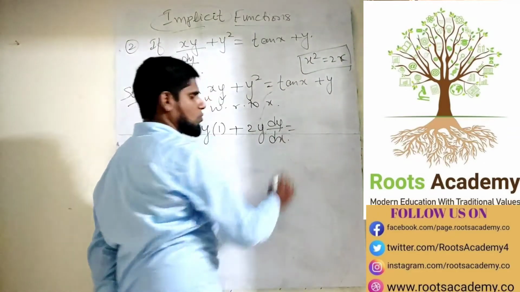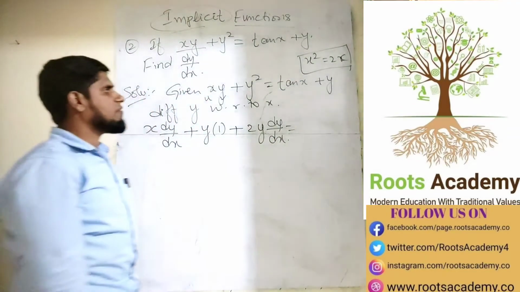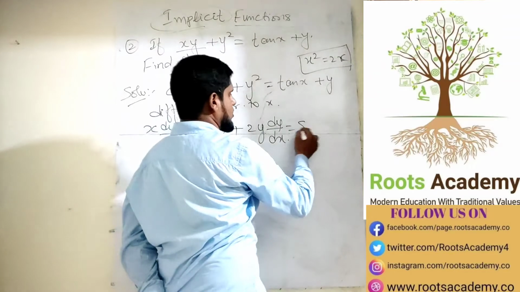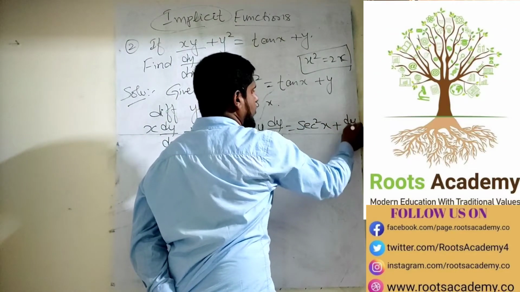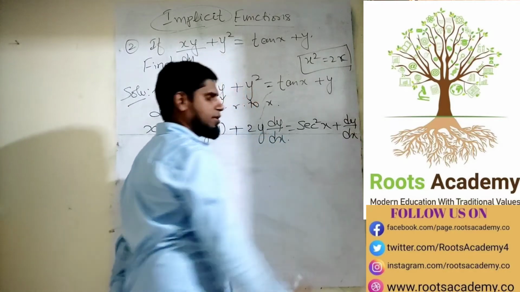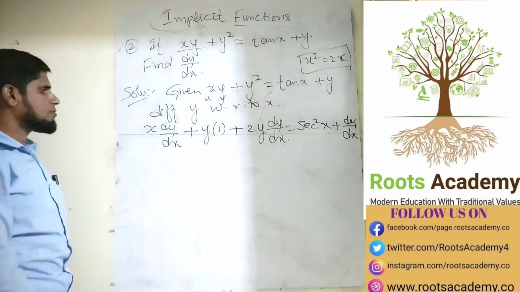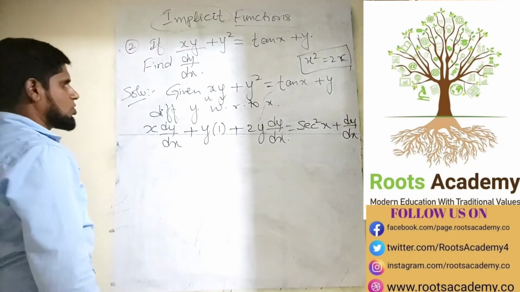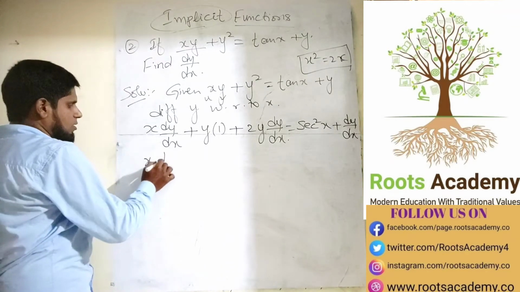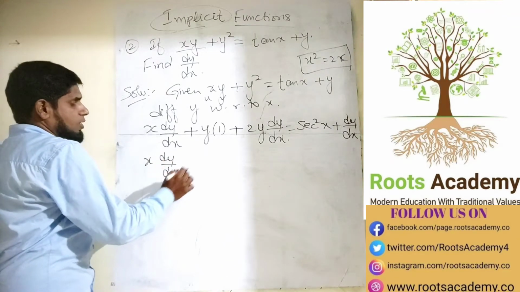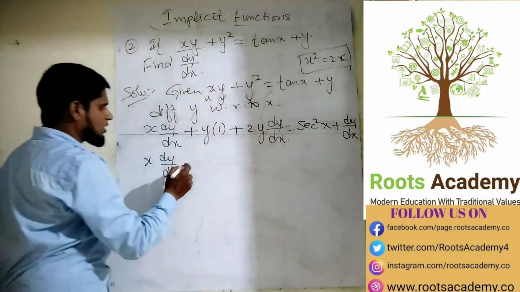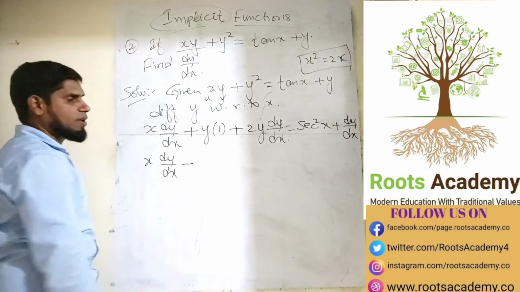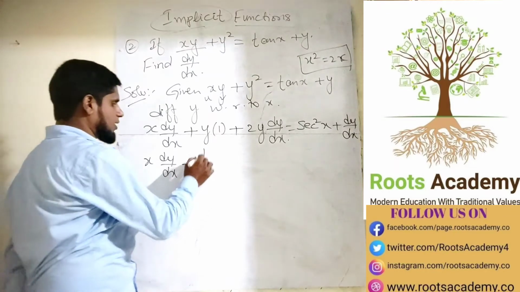This is equal to: derivative of tan x is secant square x, plus derivative of y is dy by dx. So here I have x dy by dx, and here I have dy by dx. We bring the dy by dx terms to one side, we shift, we get minus dy by dx.